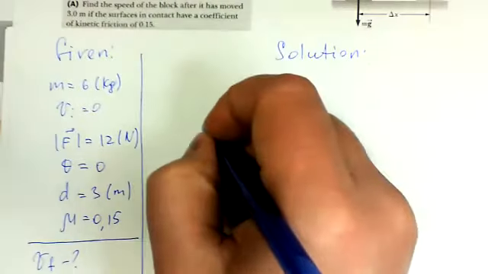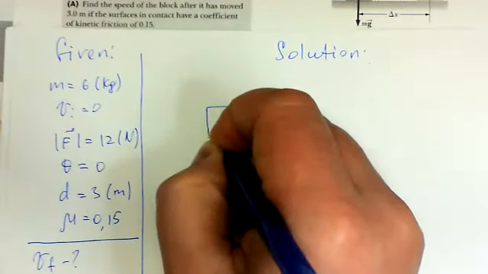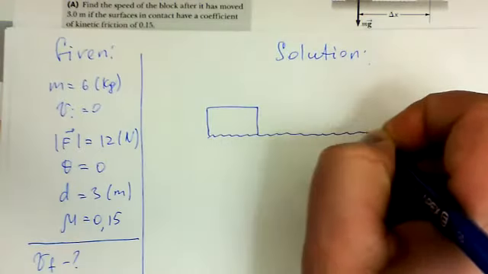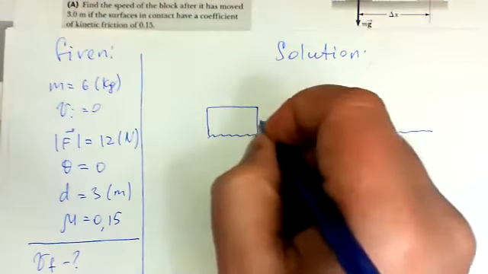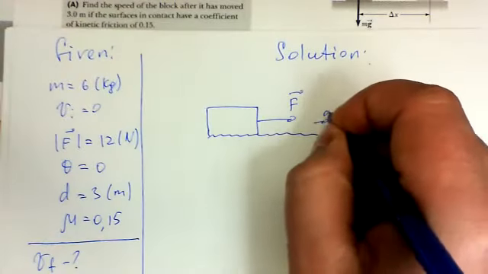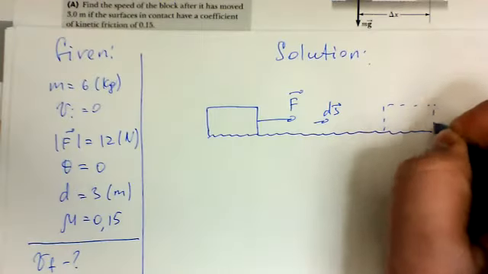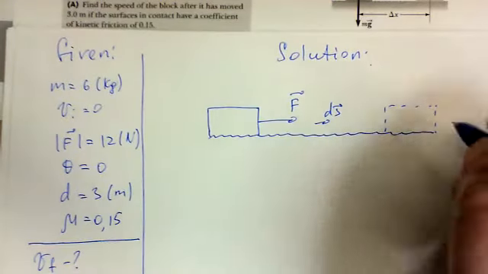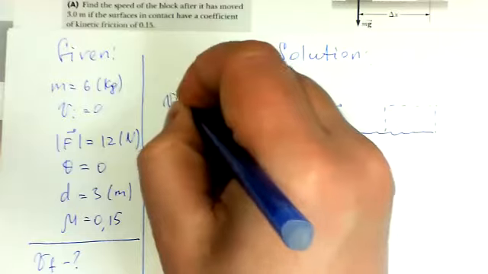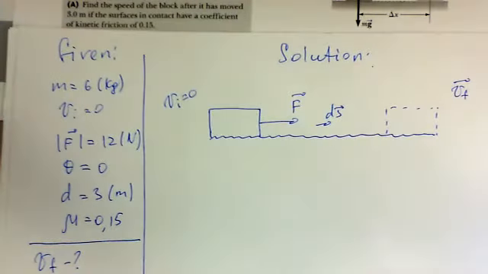So let's draw again the diagram with the new force here, which is friction. Now the surface is not frictionless, it is rough. So there is a force applied to the object. So that would be the direction of displacement, vector ds. And here is a position d meters away from the initial point. So here the object was at rest. And here the object is moving with some velocity.